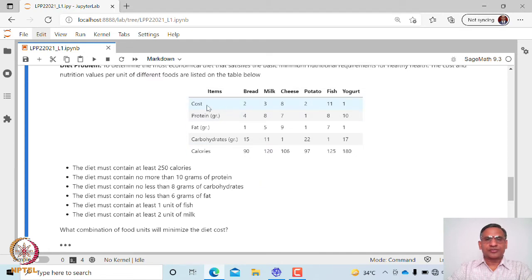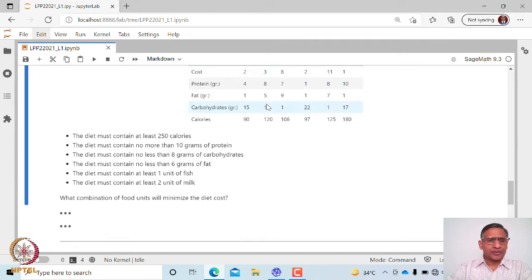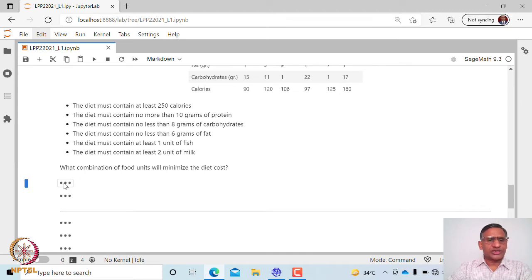The cost of each unit of bread, milk, cheese, potato, fish, and yogurt is given here in the first row. For example, 1 unit of milk requires, let us say, $3, or it could be 3,000, whatever your unit is, maybe 300. Okay, so let us look at how we can formulate this problem.